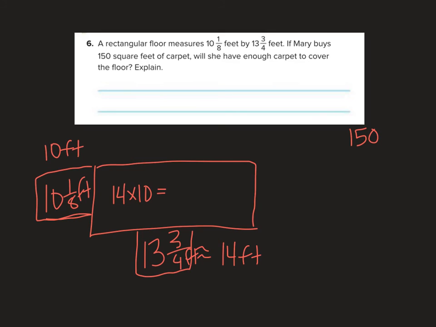So 14 times 10 is 140 feet squared. Remember, area is always squared when we write our answer. Okay, so if I have 150 square feet of carpet and I need 140 square feet of carpet, yes, I have enough. Yes, that is enough.